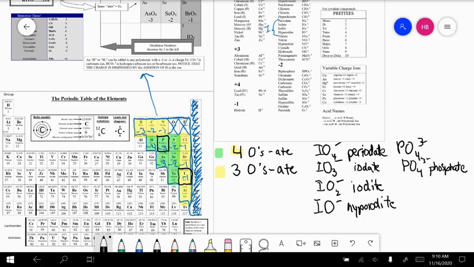Remember, the charge stays the same as perphosphate. 1 less is phosphite. And 2 less than the ATE version is hypophosphite.